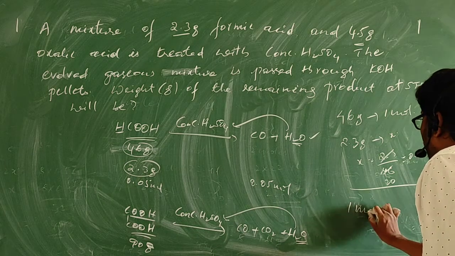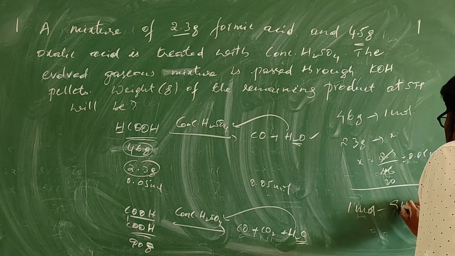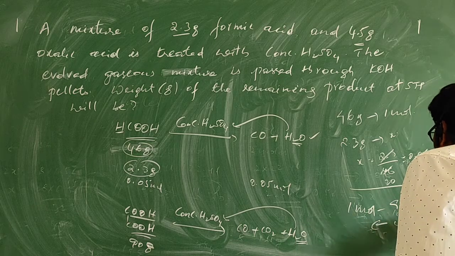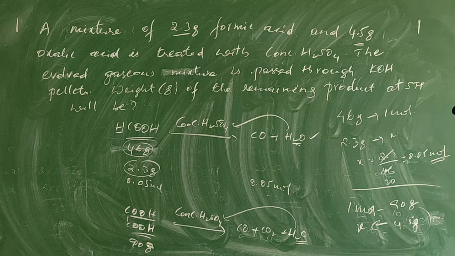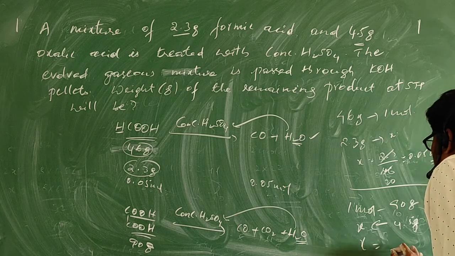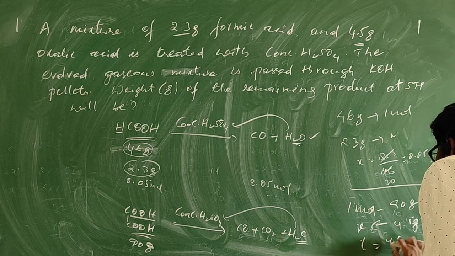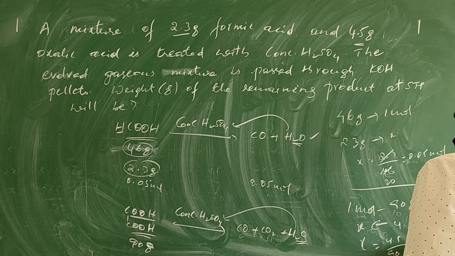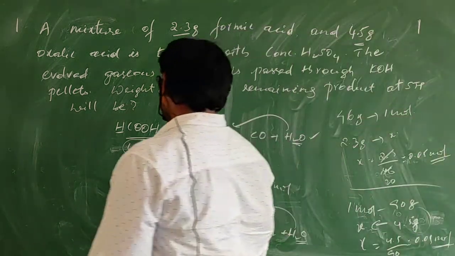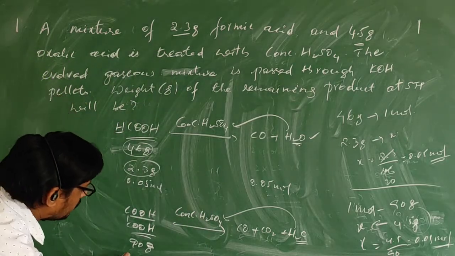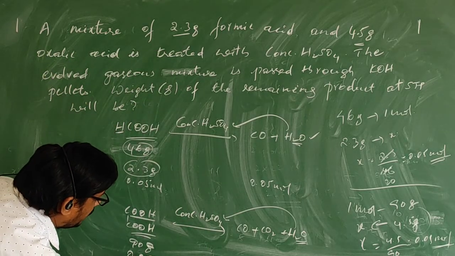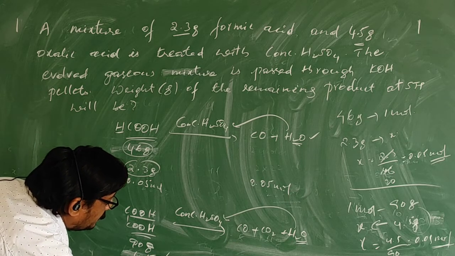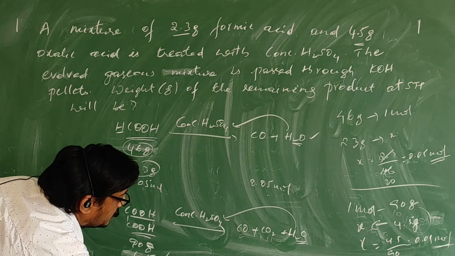So 1 mole of oxalic acid represents 90 grams. Then 4.5 grams represents how many moles? Let us think that as x. Then x will be equal to 4.5 by 90, which is 0.05 moles. So 4.5 grams means in the form of moles it will be 0.05 moles.